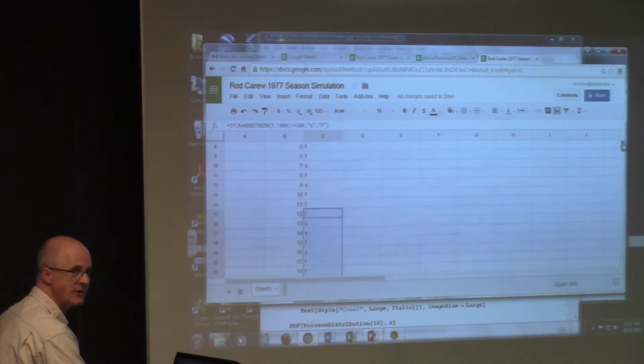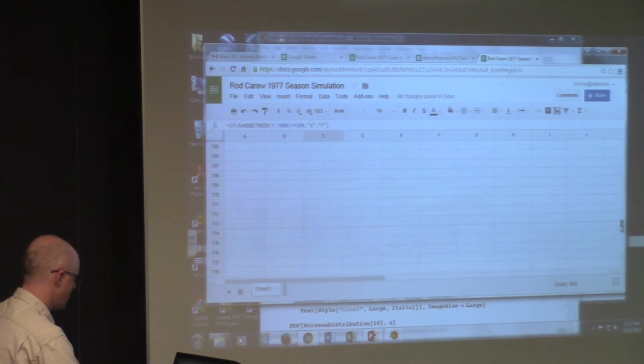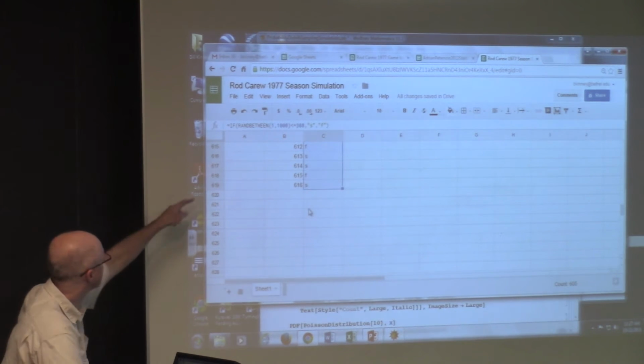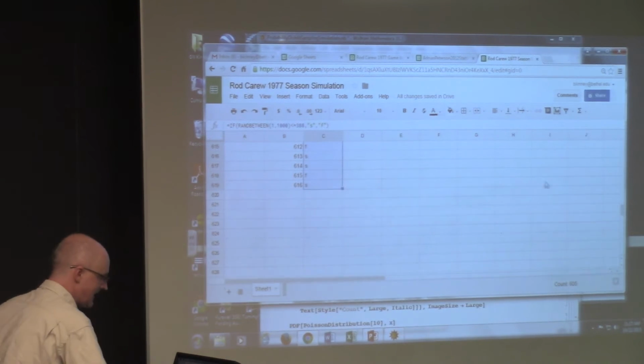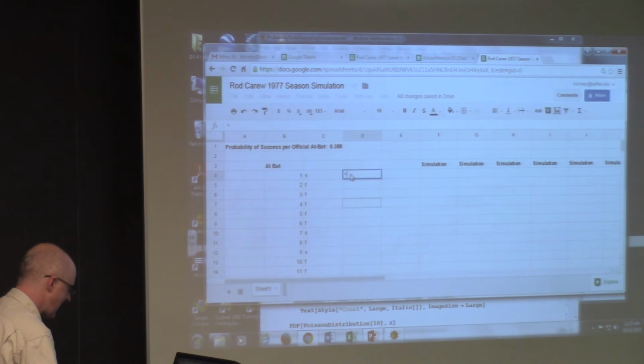Remember I said he got 239 hits in 616 at-bats. Let's see, this goes down to row 619. Let's do equals COUNTIF right here.